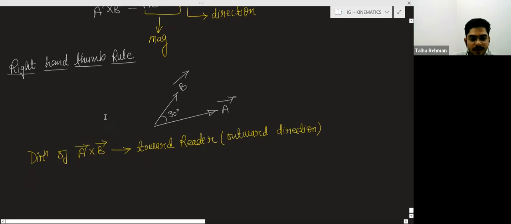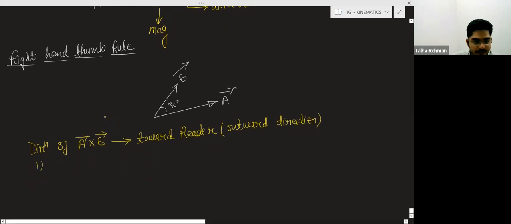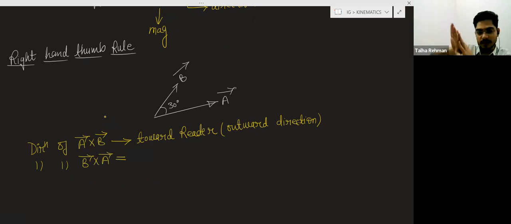For example, if I am saying find the direction of, not A cross B this time, but B cross A. In this case, you will place your fingers first along the direction of the B vector and curl them towards the A vector.